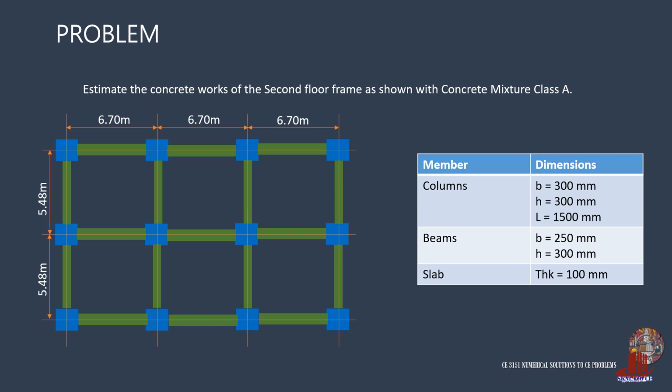The columns are 300 by 300 millimeters with an inclusive length of 1.5 meters. The beam's dimensions are 250 by 300 mm. Then the slab thickness is 100 millimeters. We are to estimate the quantities of cement, sand, and gravel using mixture class A.